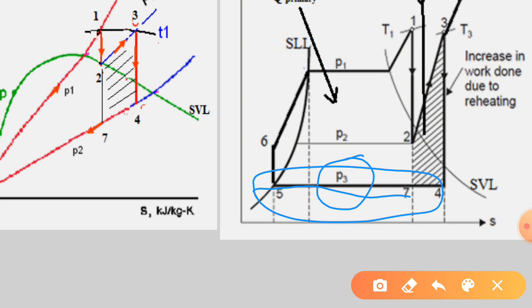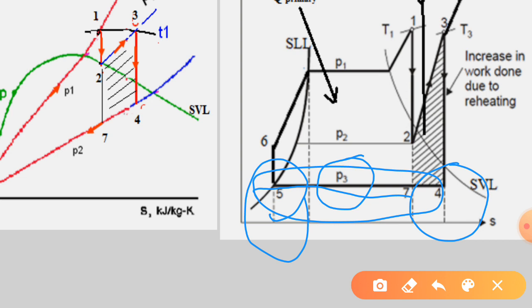Let me assume condenser pressure as 0.1 bar. If you read the HF value, that is, the enthalpy of saturated liquid at 0.1 bar, the HF value for state 5 as well as state 4 is going to remain the same.